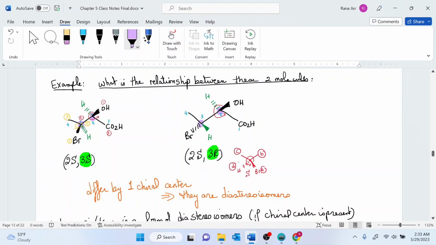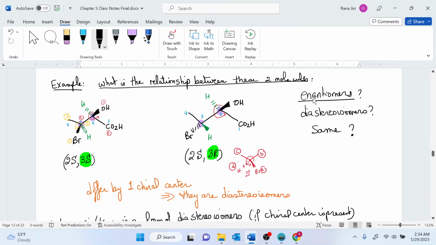So these are stereoisomers. Now I need to figure out what type of stereoisomers they are. Are they enantiomers, or are they diastereoisomers, or they can be the same, identical. To do that, I need to do the configuration for each chiral center.